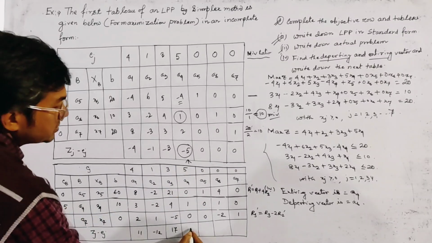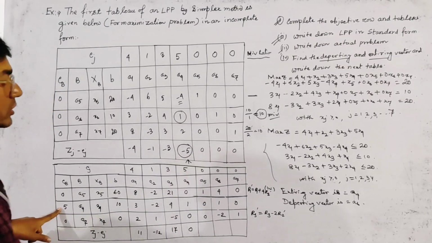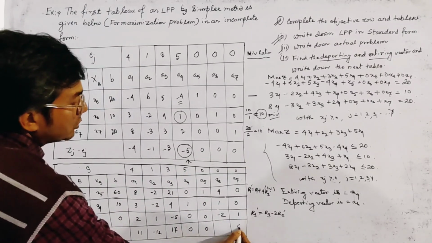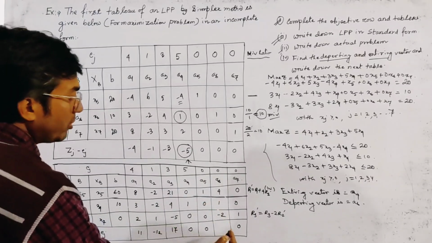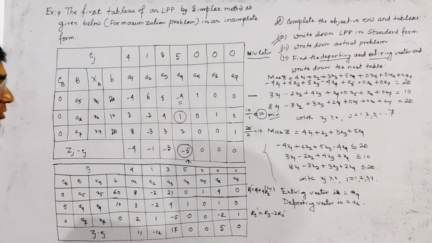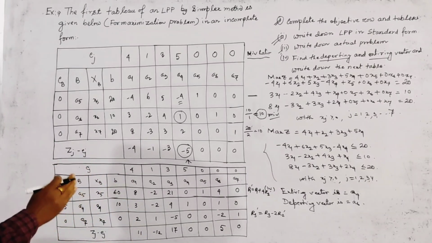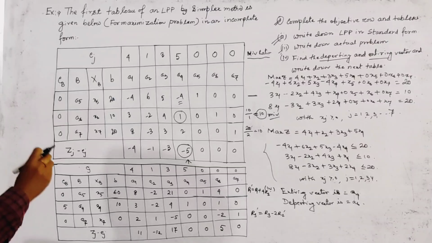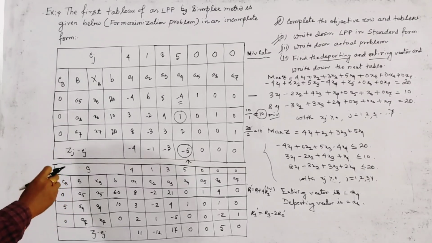This is 5 minus 5, this is obviously 0. This is 0, and this is also 0, but this is 5. Since there is also a negative net evaluation here, this is not the optimal table, that is, we cannot reach the optimal position of this problem.